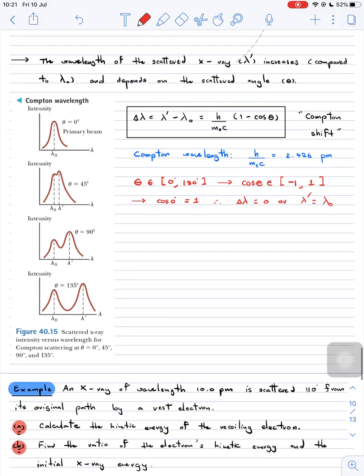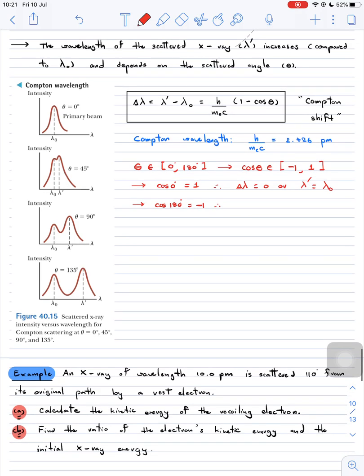But on the other hand, if the cosine 180 degrees equals minus 1, then delta lambda is going to be 1 minus minus 1, which equals 2.